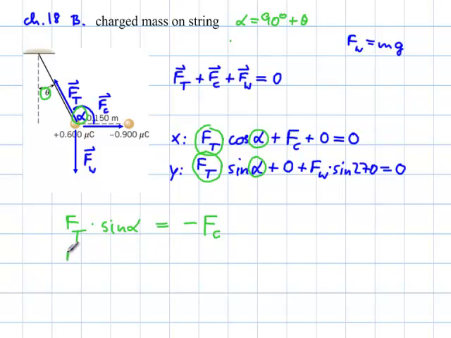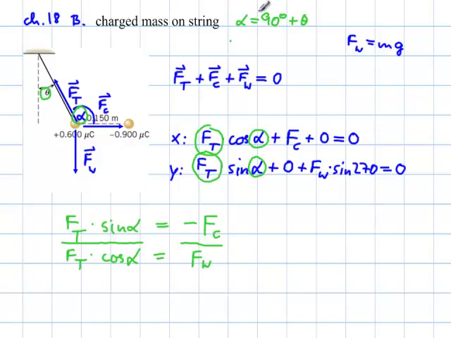And then Ft times cosine alpha equals, and the sine 270 degrees here already is a negative, so it's a negative Fw. So when I get it to the other side, it actually becomes a positive Fw. And as I said, now I divide both sides by each other, and that double equal sign there looks a little strange, but that's alright.